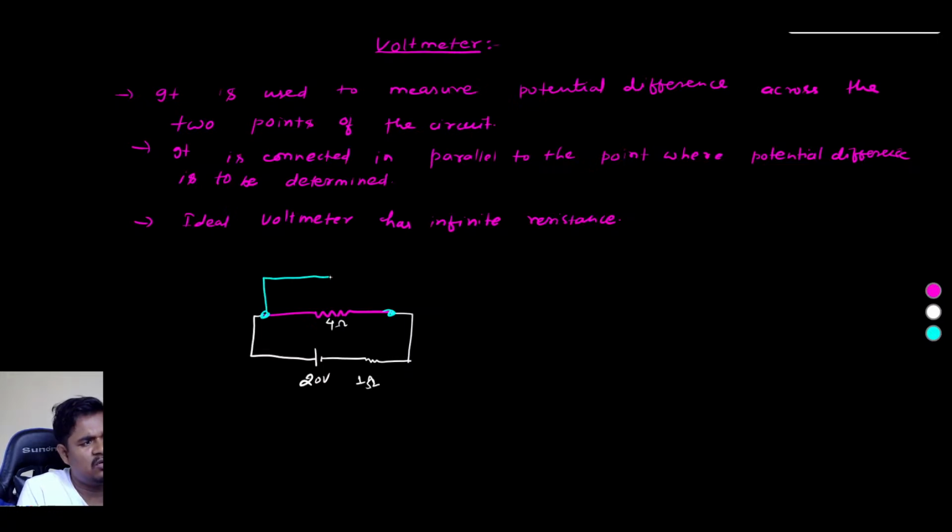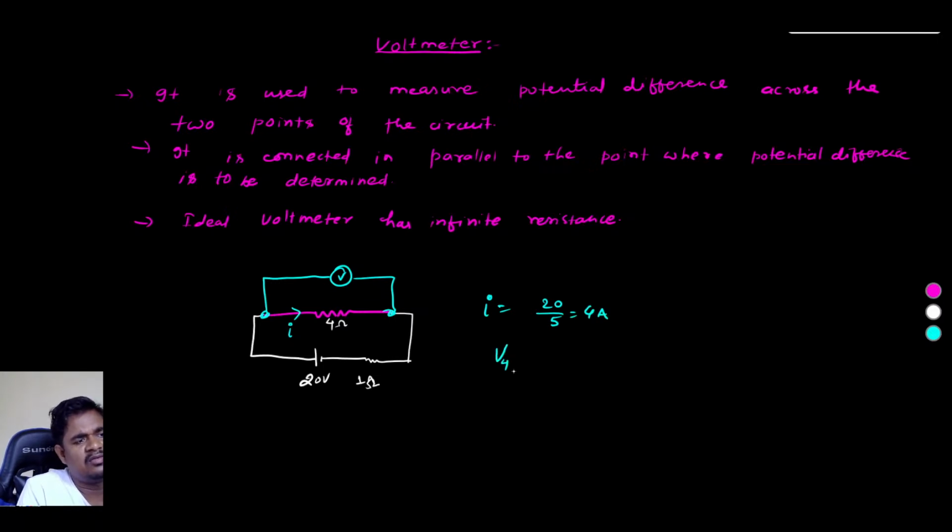So I will connect a voltmeter in parallel to it this way. And because the voltmeter has infinite resistance, no current will pass through this branch. All the current will pass through the resistor. The value of I will be 20 by 5, that is 4 ampere.